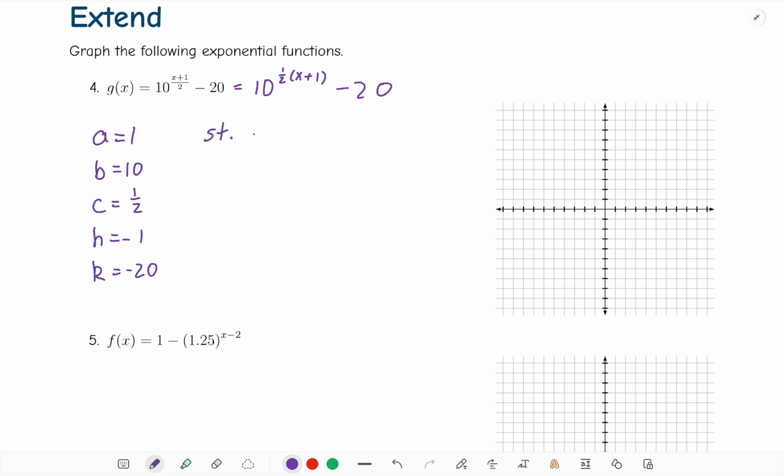So our starting point, which is H comma K plus A, is negative 1, negative 19, horizontal asymptote, which is y equals K, which is y equals negative 20, and then a second point.